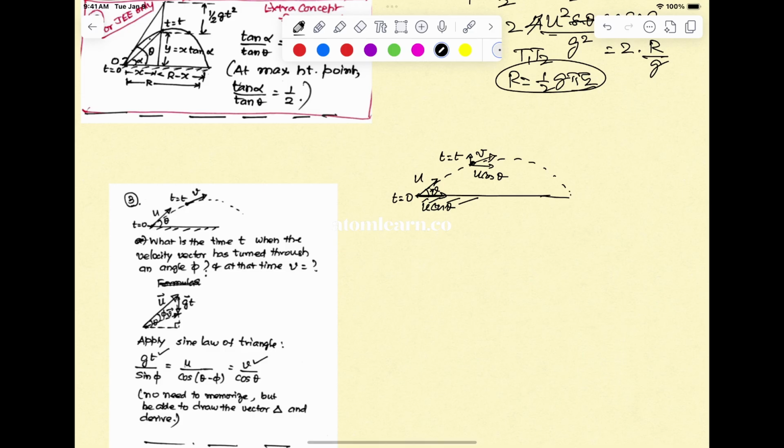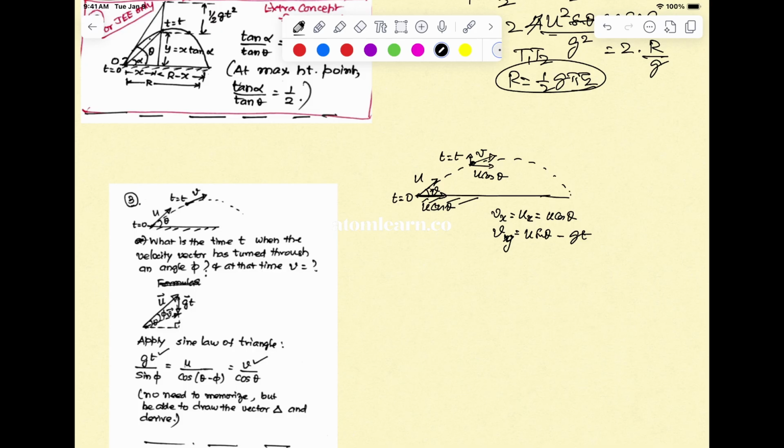Therefore the velocity v is the vector sum of the horizontal component and the vertical component, vx and vy. vx remains a constant, ux, which is u cos theta, whereas vy is u sin theta minus gt, because of the reduction by retardation g vertically down.